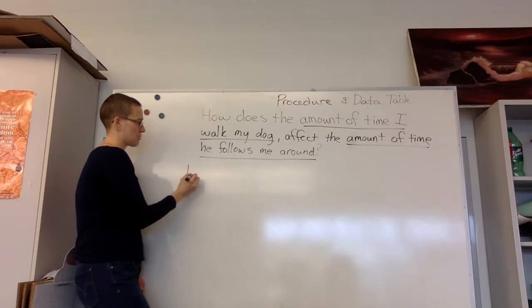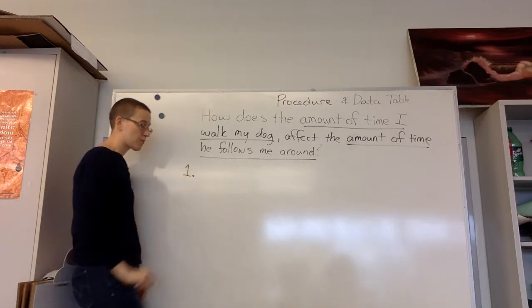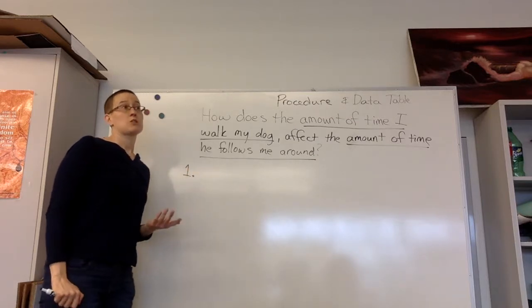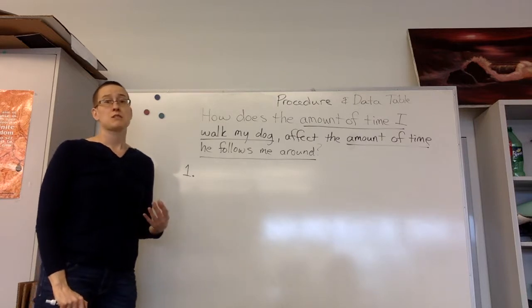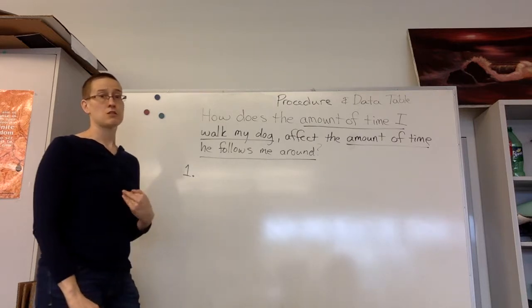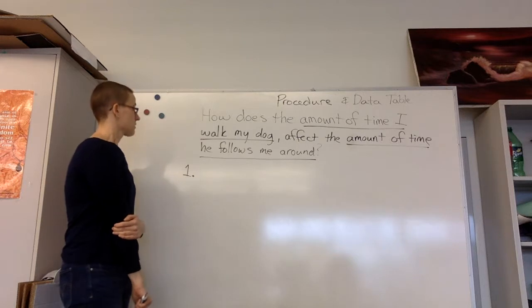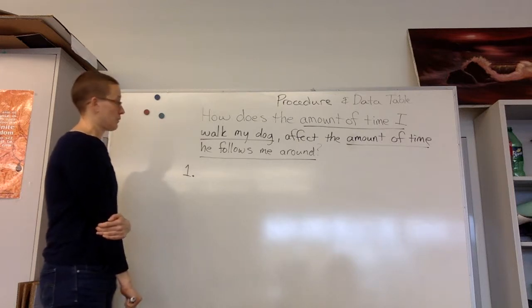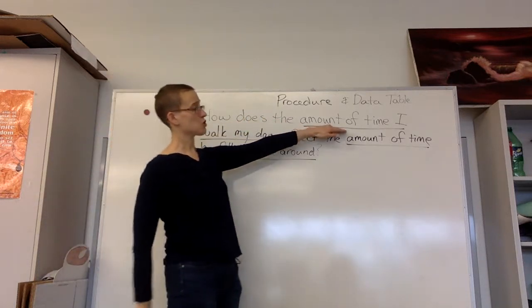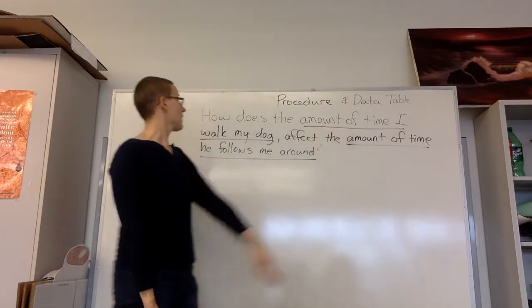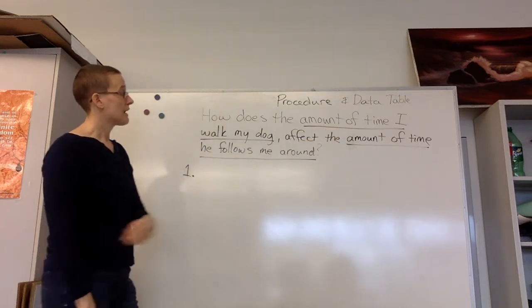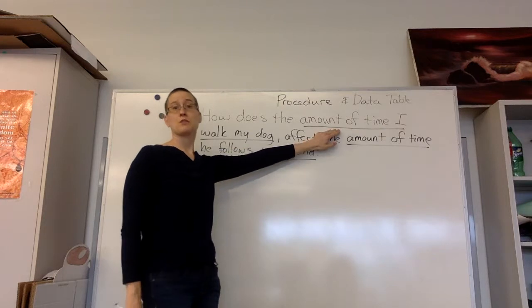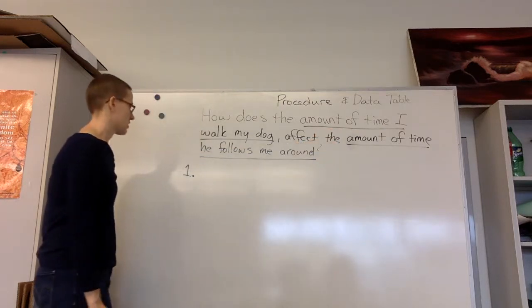So if I were to gather data on this, there's different ways that we could do it, and there's different things that we might keep the same depending on your own dog. So I'm going to do this for my dog and use that as an example. The first thing, I want to make sure I can tell how much time I walk my dog. Since this was our independent variable, this is the one that I'm going to be intentionally changing.